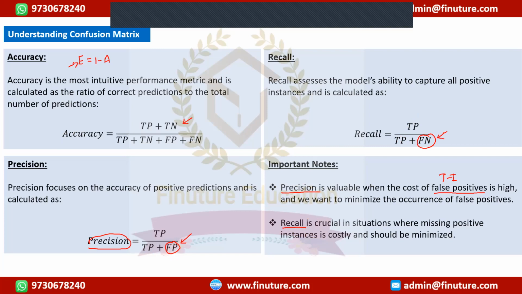The model flagged something negative, but that was false. The person was actually innocent. That is in the denominator. Similarly, if you want to focus on type 2 error, it's recall that you have to focus on.